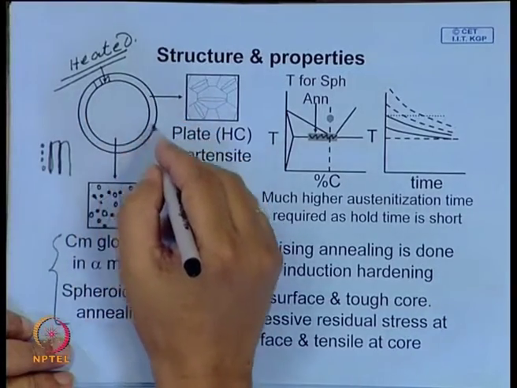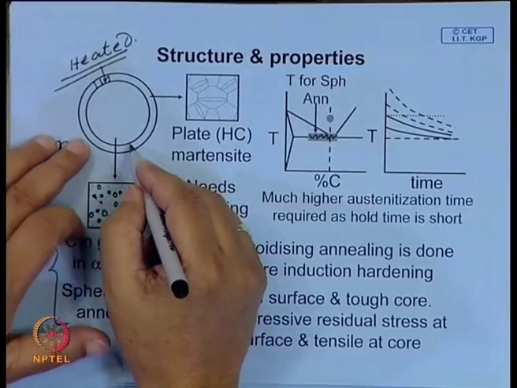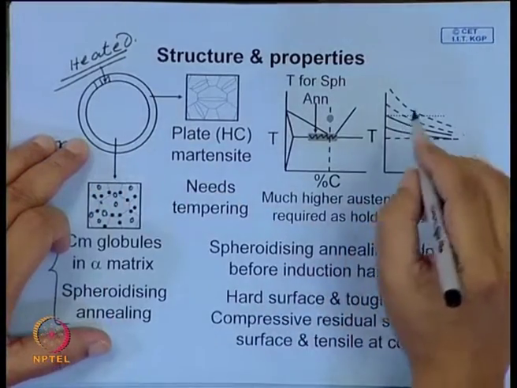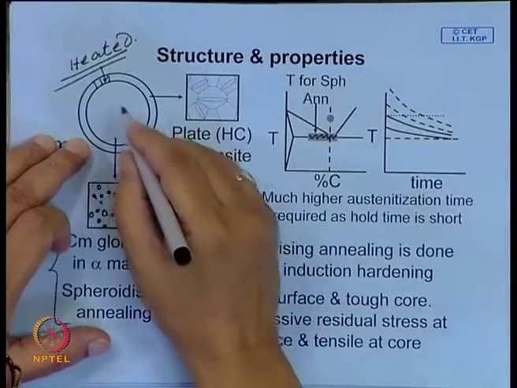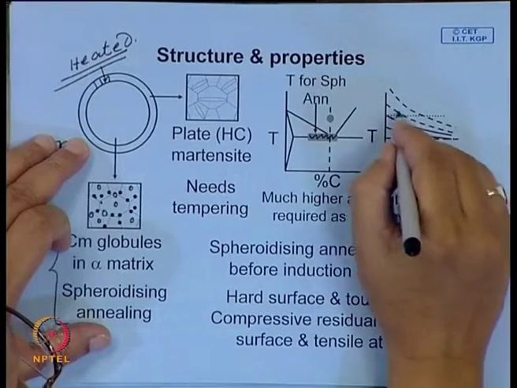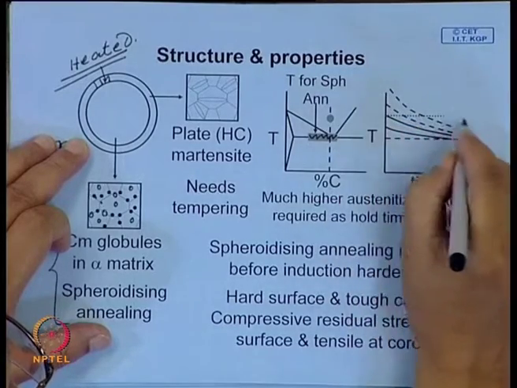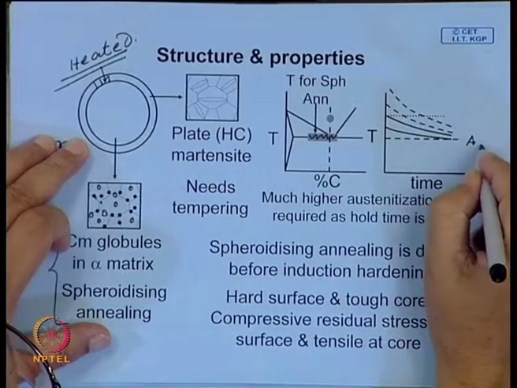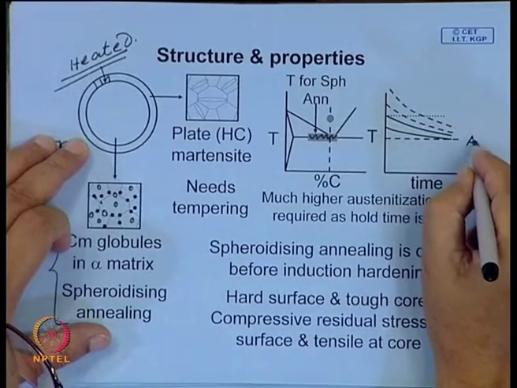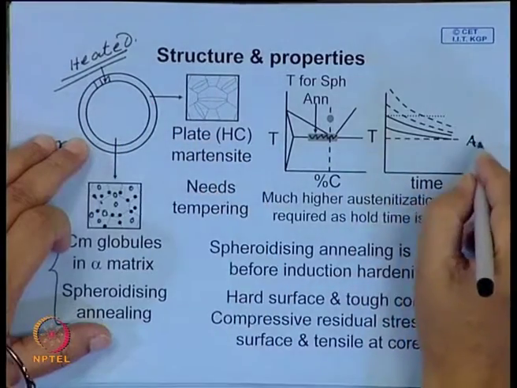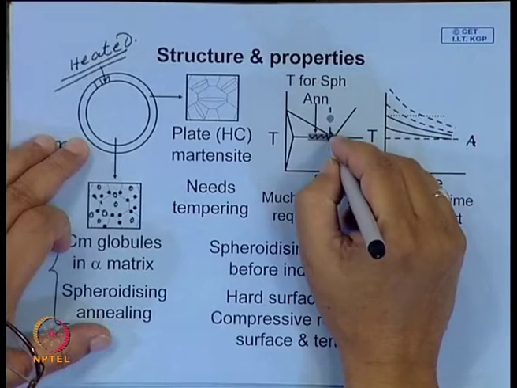So, only this area has been heated. You expect transformation here, and look at what the temperature is. Now, you have to convert it into austenite, so you have to heat it in the austenitic region. Let us say this is the critical temperature, and in the surface the carbon content is around this.